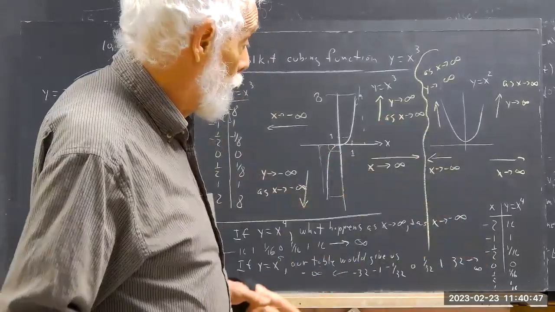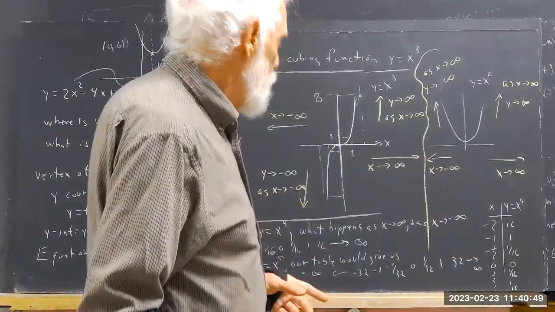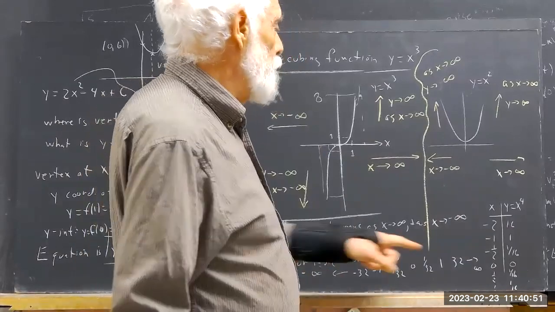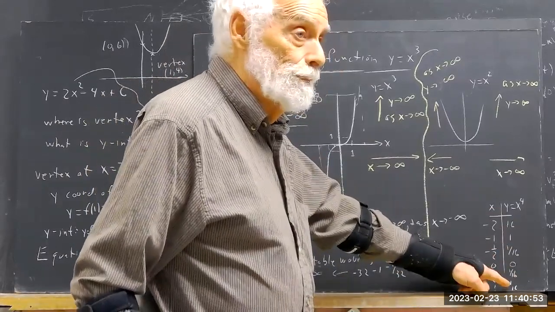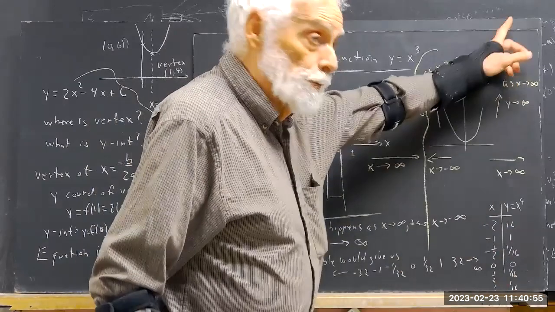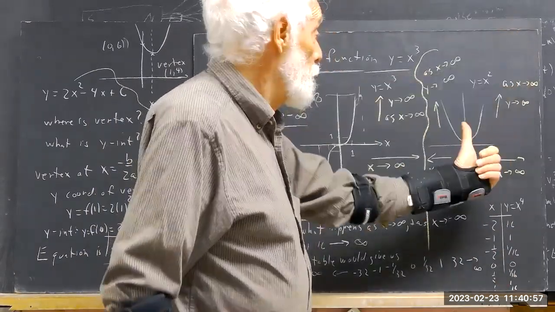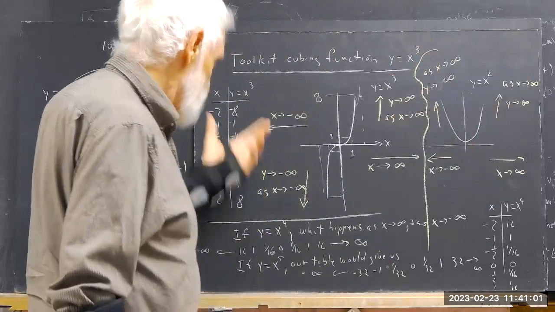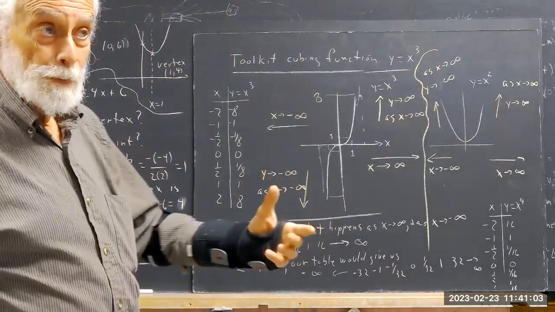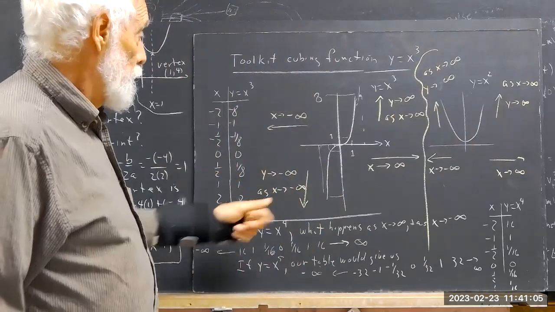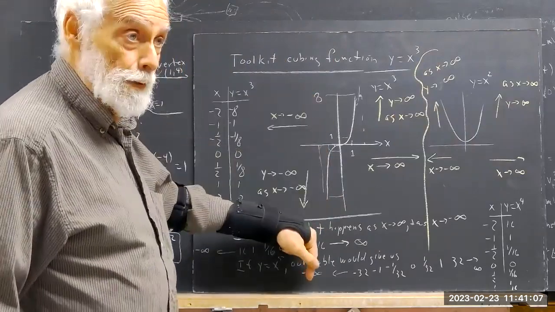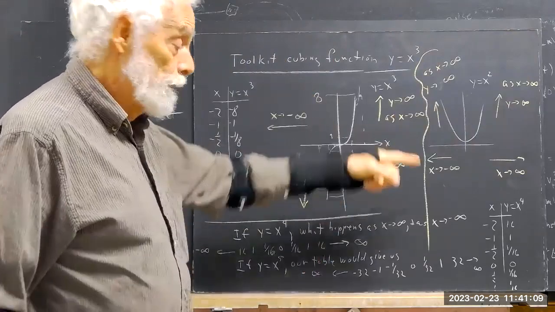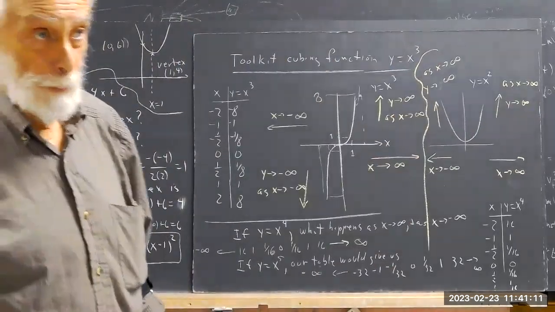You want to understand why the graphs do what they do. But all your even powers are going to give you positive numbers when you go out this way. It's going to give you positive numbers when you go this way. All your odd powers, since you're multiplying odd numbers of negatives, you're going to get negative infinity as x goes this way and positive infinity if x goes that way.